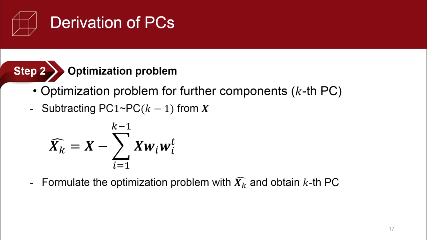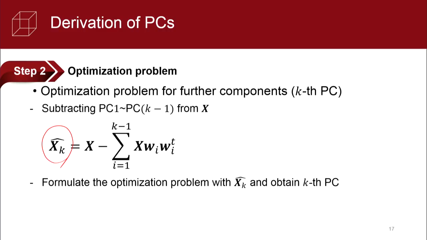Okay, so we keep doing the same thing for the third principal component, the fourth principal component, and that is how we do it. We subtract PC1 through PCK-1 from x, so we derive the xk hat. That means that is flattened data having no variance along the W1, the first principal component, W2, the second principal component, up to the WK-1.